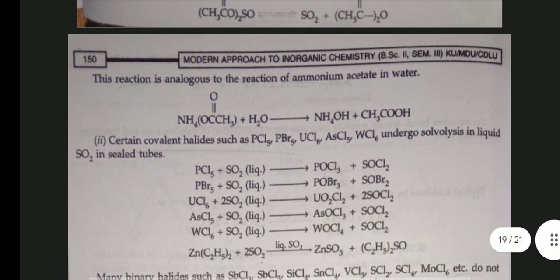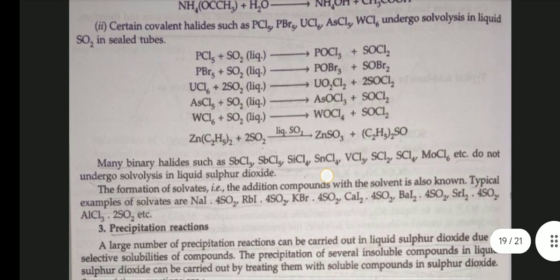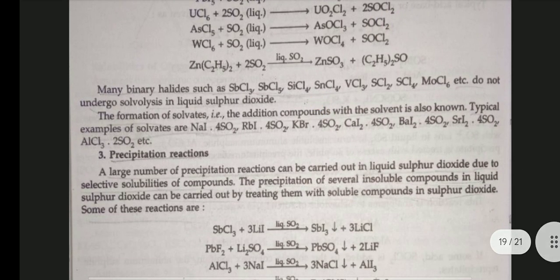Certain covalent halides such as PCl5, PBr5, UCl6, AsCl5, WCl6 undergo solvolysis in liquid SO2 in sealed tubes. Many binary halides such as SbCl3, SbCl5, SiCl4, SnCl4, VCl3, SCl2, SCl4, MoCl6, etc. do not undergo solvolysis in liquid sulfur dioxide.